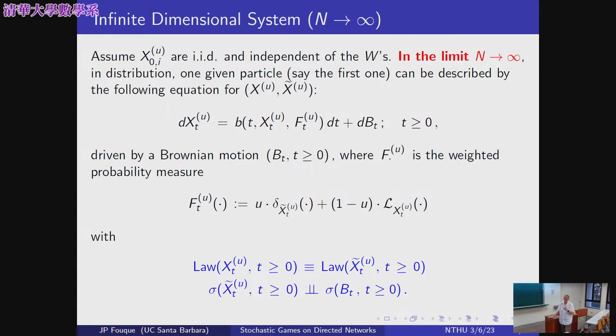So maybe let's start with u equals 0. U equals 0, so we have only this term, and now you are affected by the law, its own law. The agent is affected by its own law, and you know how this SDE are called when u equals 0. So you have only the law of X right there. You know how this is called? No? What kind of SDE that is? McKean-Vlasov SDE. Nobody knows that?